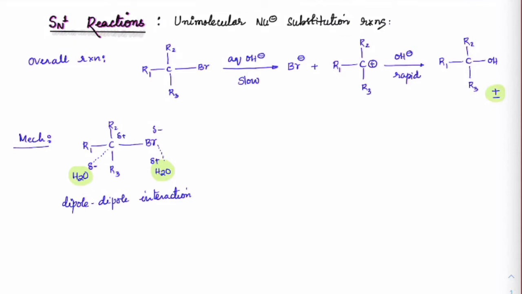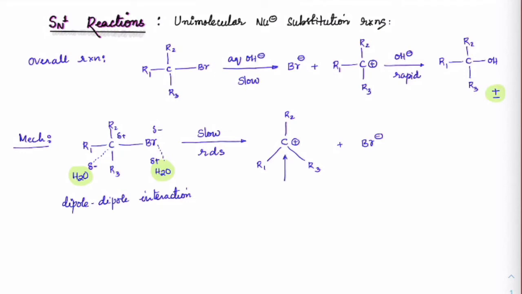Because of dipole-dipole interactions, this bond will start becoming weak, and slowly the bond breaking will take place. And since it is the slow step, it is also the rate determining step. We will have a carbocation formation as an intermediate. So we would have this as R1, R2, R3, and Br minus will depart.